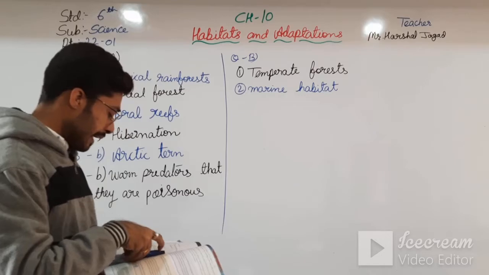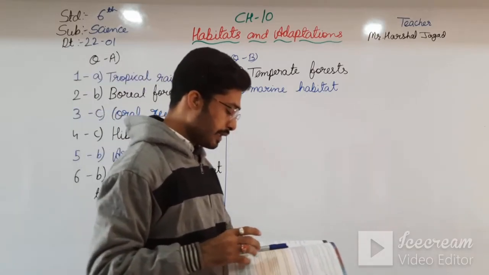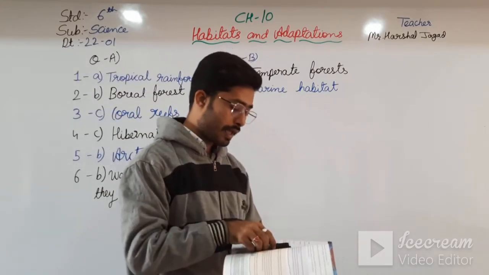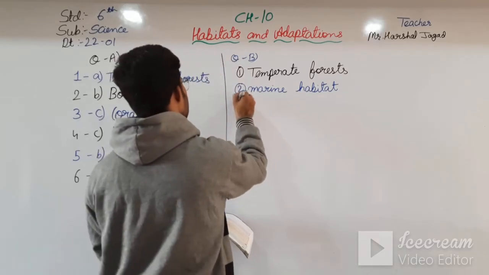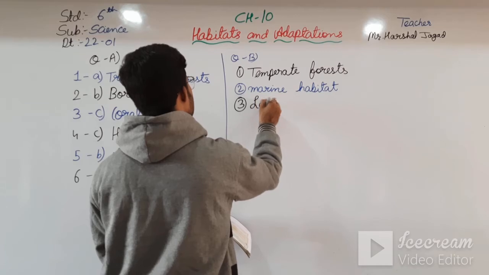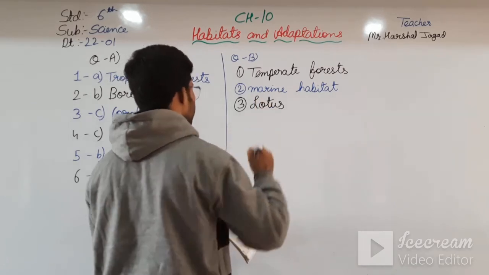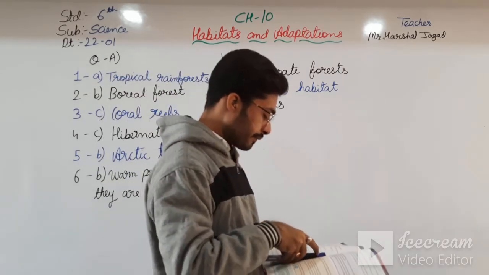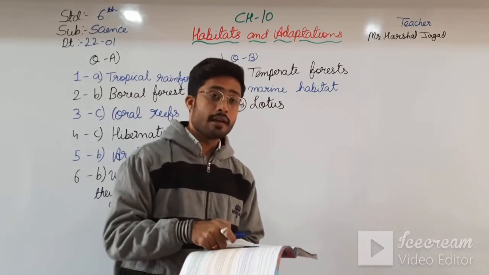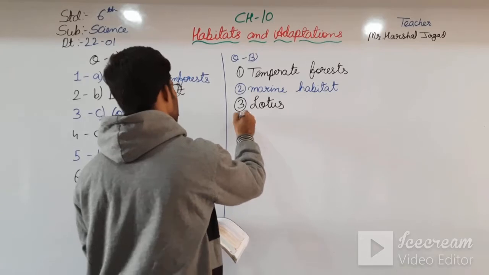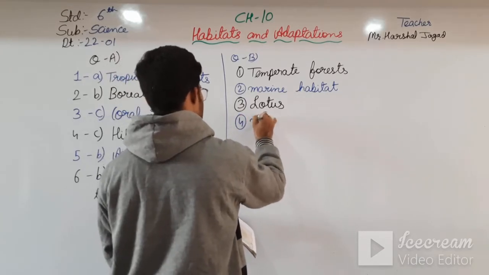Third one, a dash has leaves with a waxy coating to prevent them from rotting, that is lotus. Fourth one, dash grows in regions where salt water mixes with fresh water, that is mangrove.